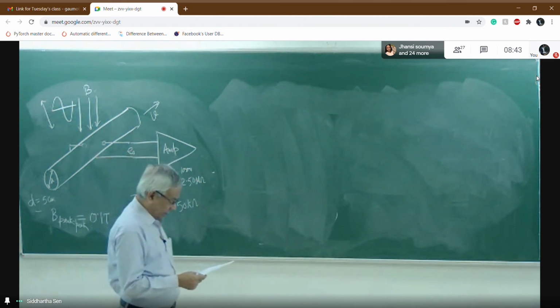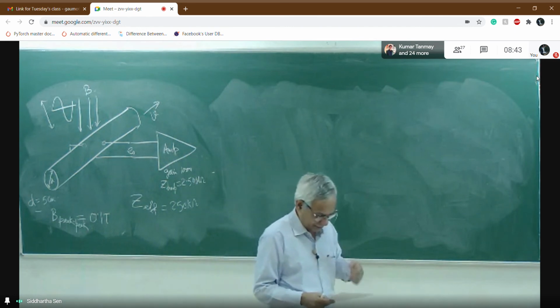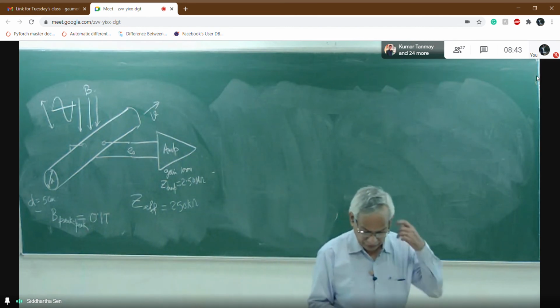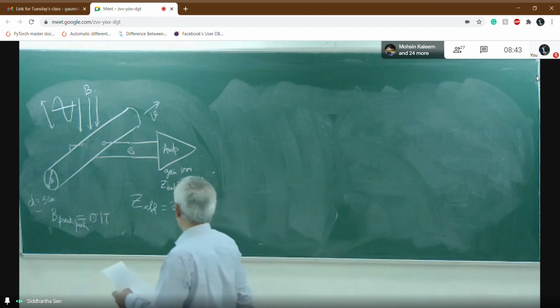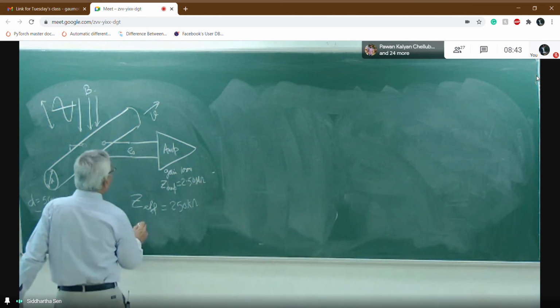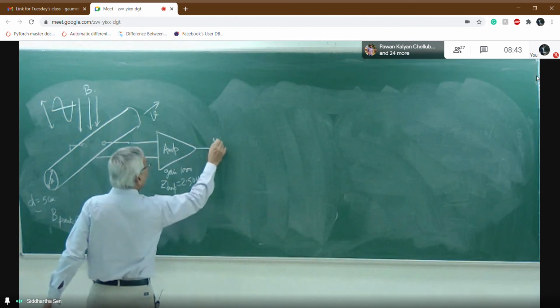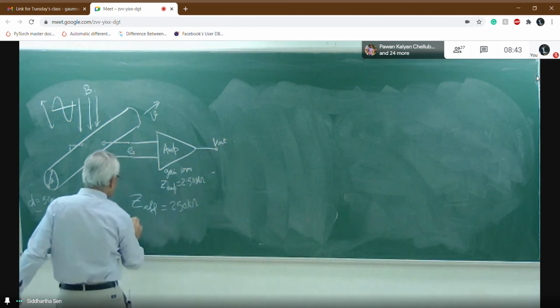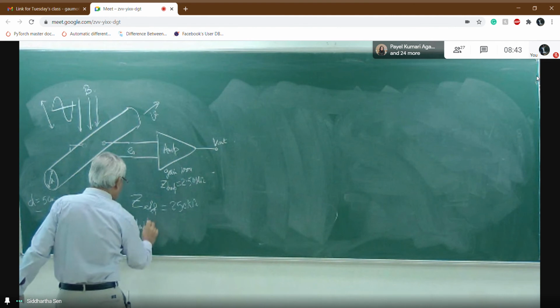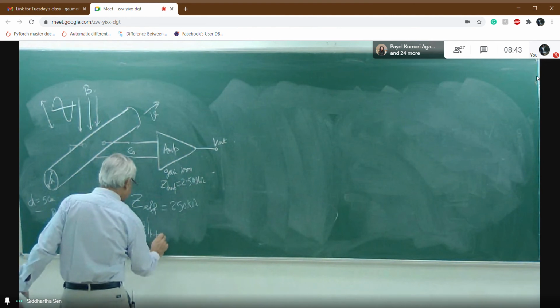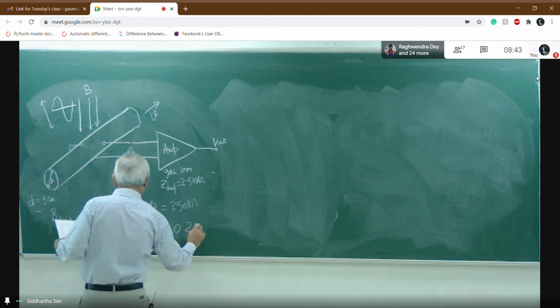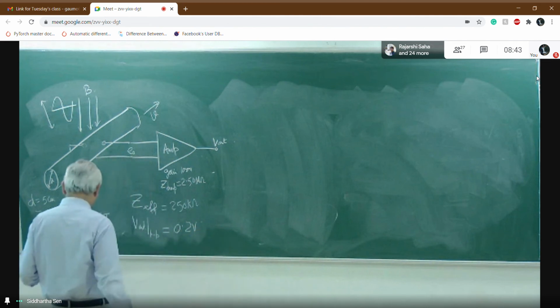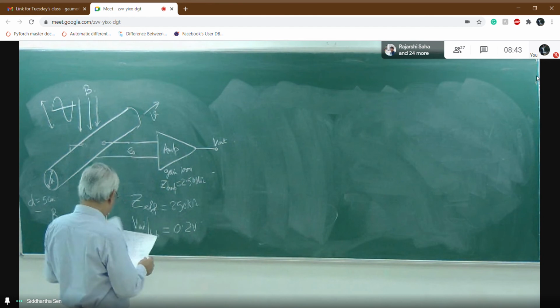So number one, determine the effluent velocity when the peak to peak voltage of the amplifier output is 0.2. So this is your V out peak to peak, equal to 0.2 volt.